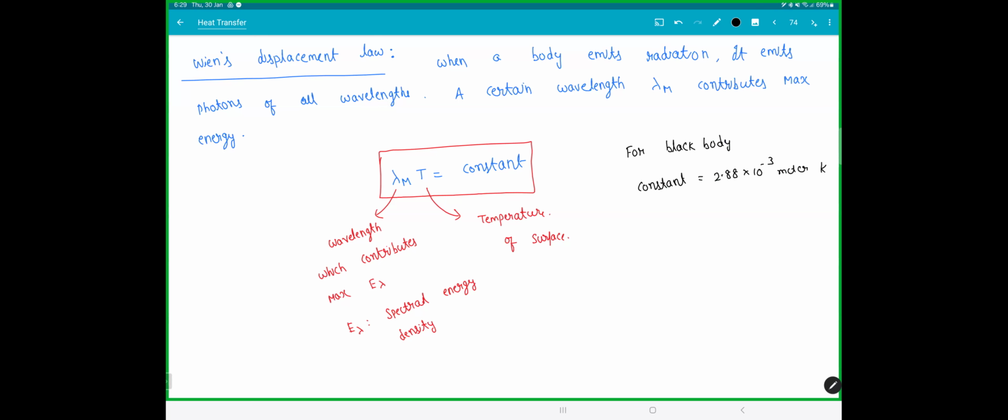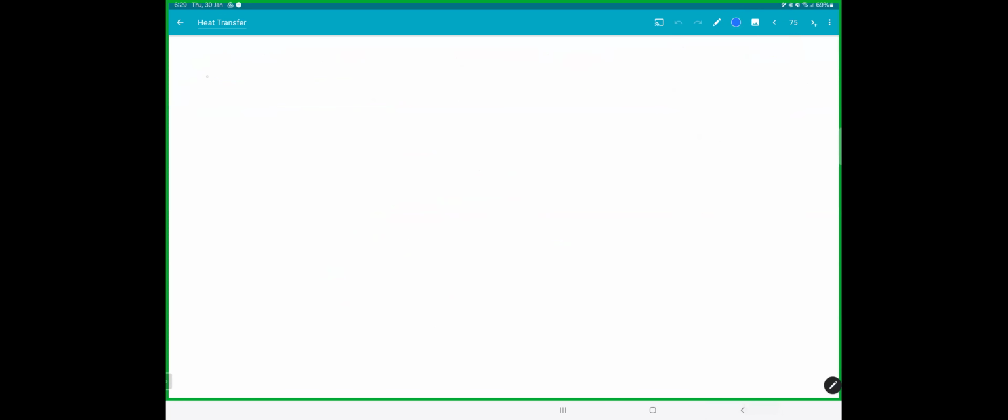But let's see a little more detail exactly what this means. So when you actually plot the graph, you're plotting the energy given by every wavelength versus wavelength lambda.